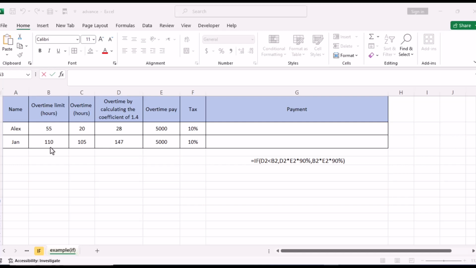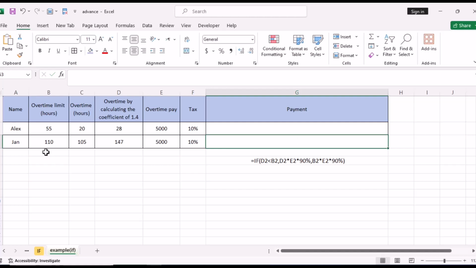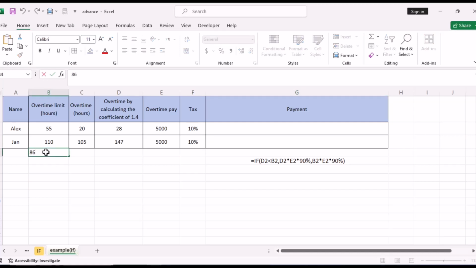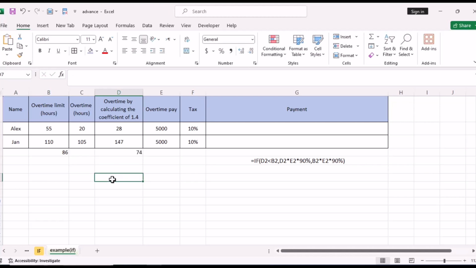Now I enter another number here. Here we write 86 and here we write 74. Which number do you think is the criterion for calculation? Yes, the number 74 is correct. So you see, our mind gets this pattern that between two numbers, the smaller number is chosen.